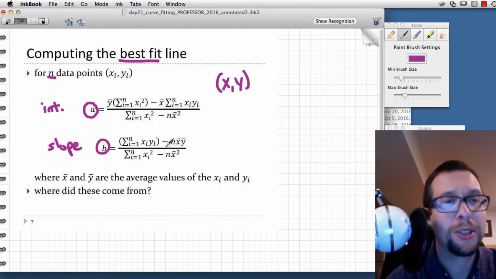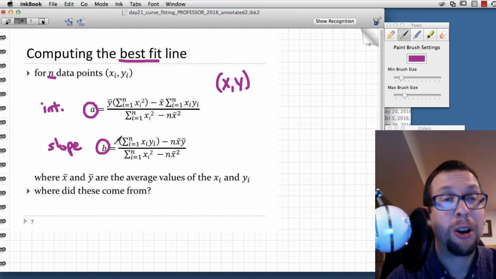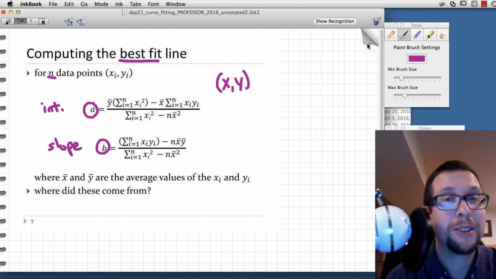You do these calculations, and you can determine what the values for A and B are that best fit the data that you have. There is a way to derive these equations, and I'll show you how to do that in a second here.